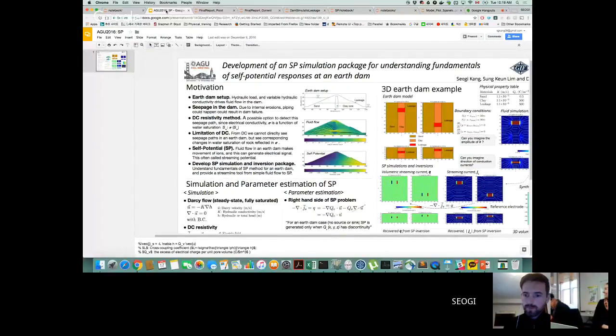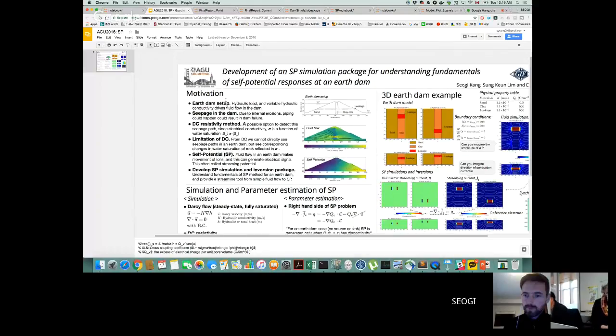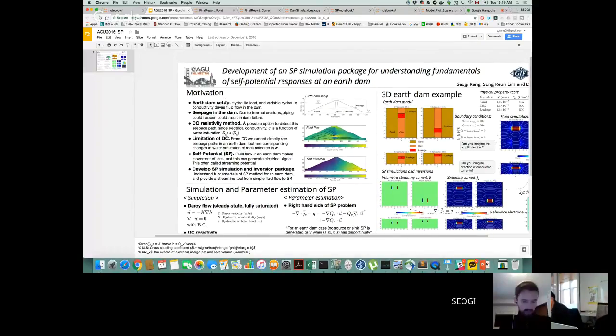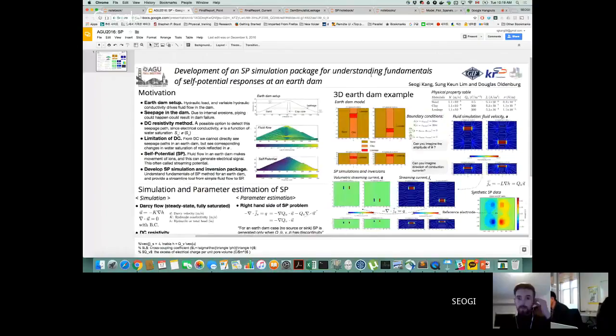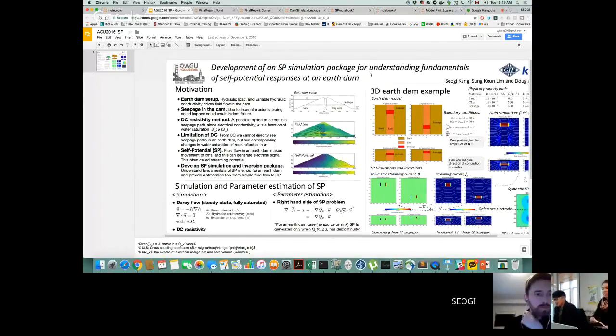I'm not prepared, but I have some thoughts. This is the presentation that I gave at AGU with Sungin, and his problem is dam monitoring. Here's our setup. We have this earth dam.